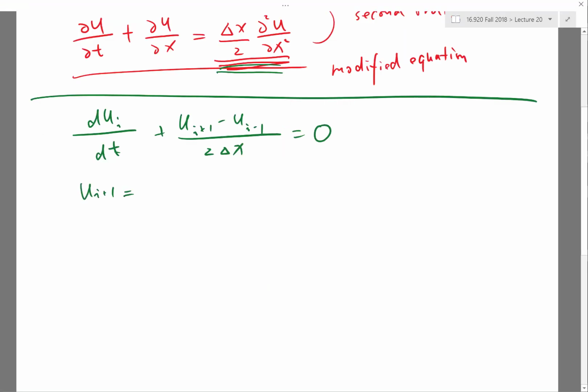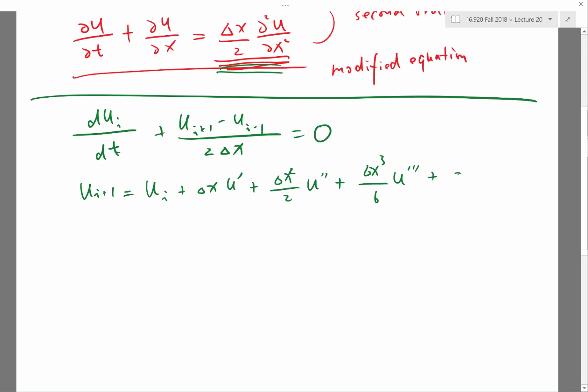ui plus 1 is equal to ui plus delta x times u prime, which is the first order derivative, plus half of delta x squared times u double prime, the second order derivative. This is basically standard Taylor series analysis, and the cubic term is multiplied by the third order derivative.